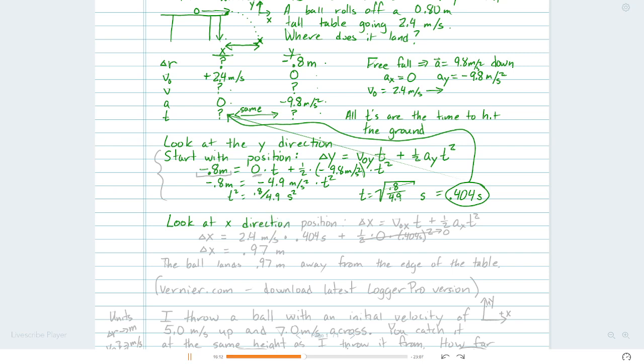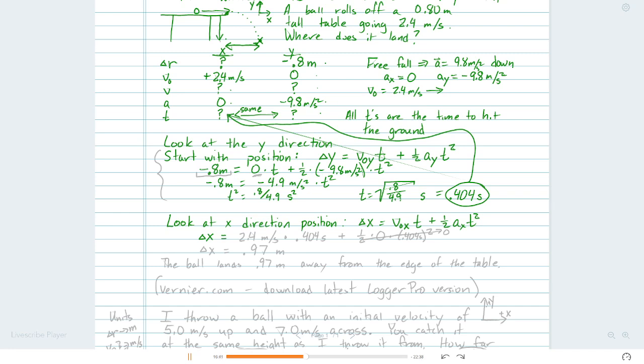I want to know about the position, so I'm going to start with the position. And so I'm going to have delta x is v naught x times t plus a half ax times t squared. So I put in delta x. I don't know what that is, so I leave that delta x.